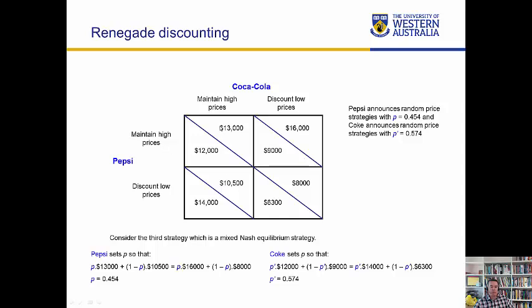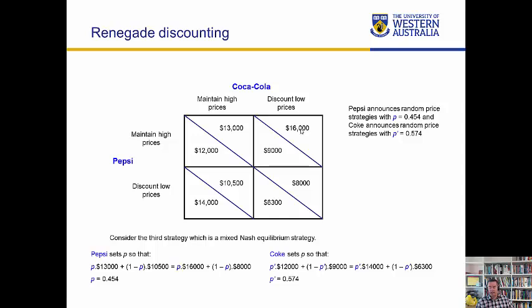The idea is we want both companies to be able to discount and then come back, discount then come back, but we don't want them spending too long in the low discount situation, because if they do, then both companies will tend to over discount and both of them will set low prices and stay in the bottom right hand quadrant for too long, and that will harm both companies.